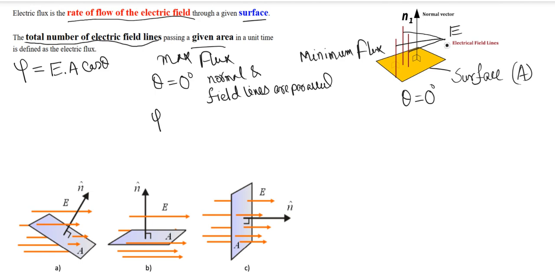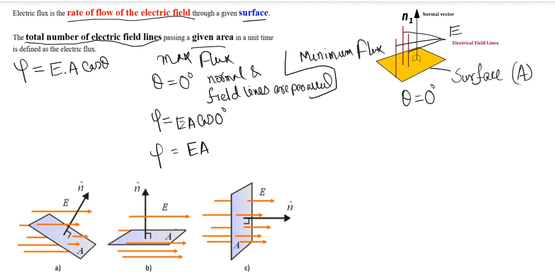In that case, phi equals E A cos of 0 degree. It means this is EA. So phi equals E A.